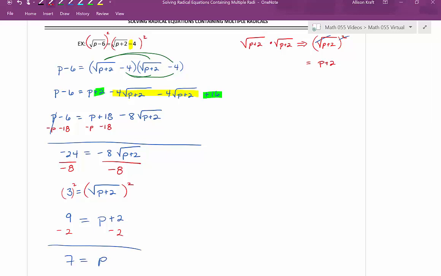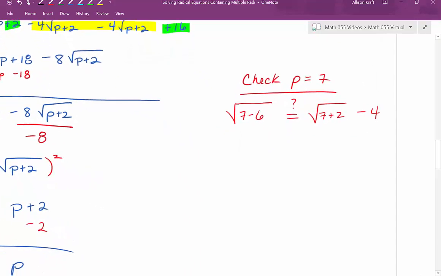Because we raised both sides to an even power during our solving process, we need to check our solution. We'll plug it into our original equation. The square root of 7 minus 6, well, that's the square root of 1, which is 1.